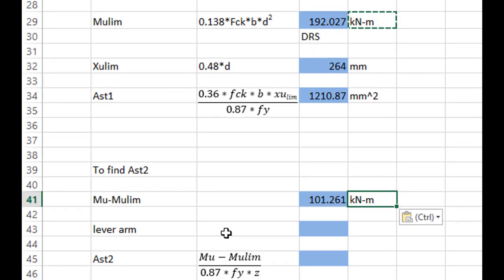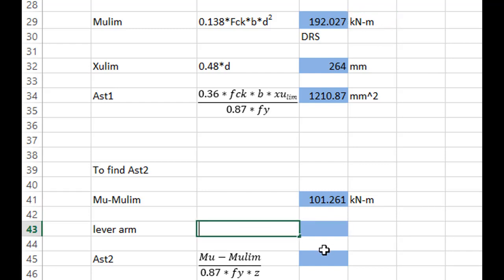Then, as we know, lever arm is nothing but D minus D dash, which is nothing but 550 minus 50, which is 500, represented in terms of mm.